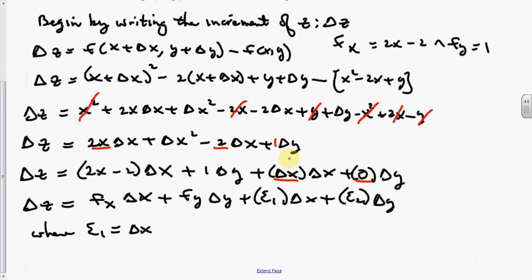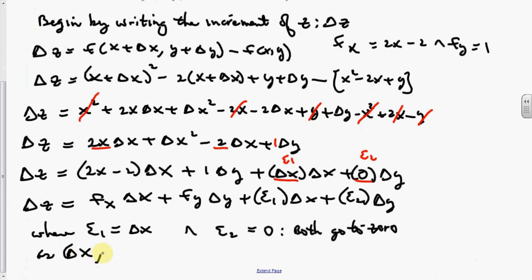And this is epsilon sub 1, epsilon sub 2. And epsilon sub 2 is equal to 0. Right? They both go to 0 as delta x comma delta y goes to the origin.